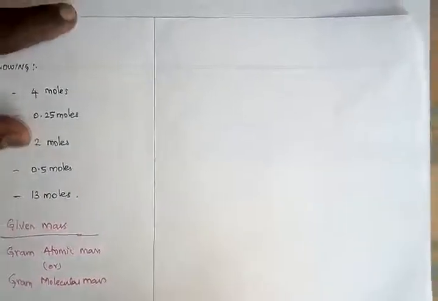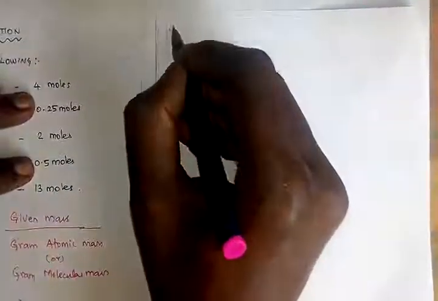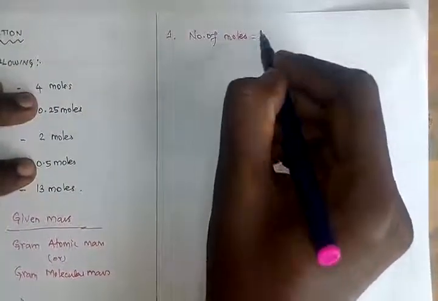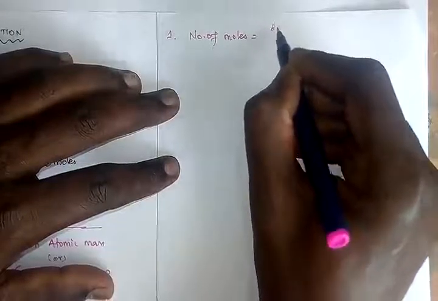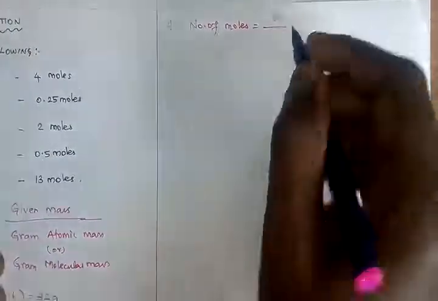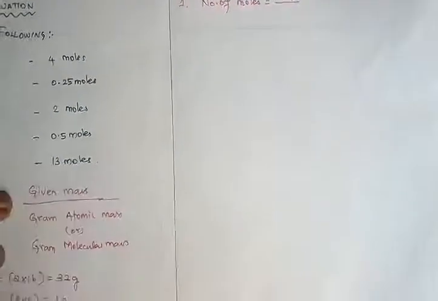The first one is 8 gram of oxygen. Let us solve. The number of moles is equal to 8 gram of oxygen divided by the gram molecular mass of oxygen, 32 grams.